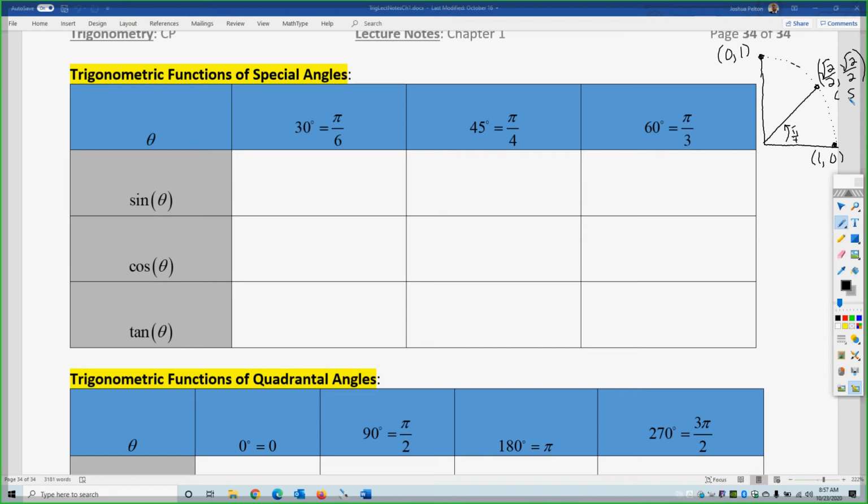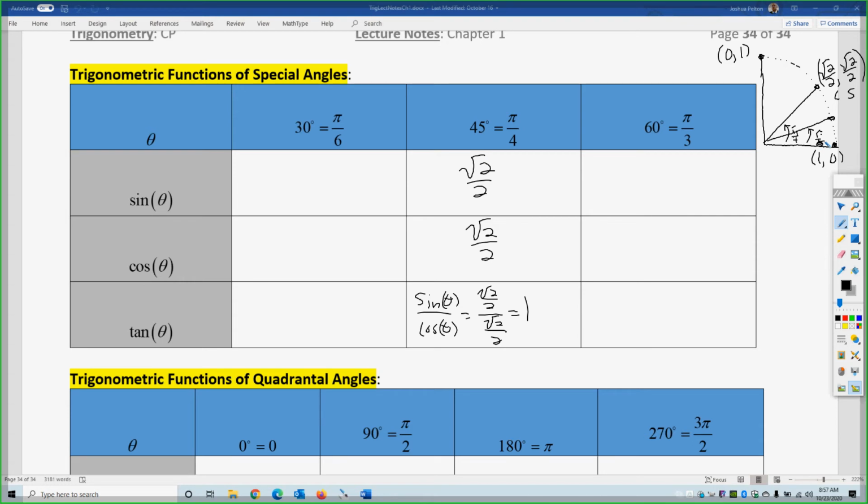So sine is root 2 over 2, cosine is root 2 over 2, tangent is sine over cosine, which is root 2 over 2 over root 2 over 2, thus 1. And then we have the 30 degrees, otherwise known as pi over 6, 1/6 of pi, right?